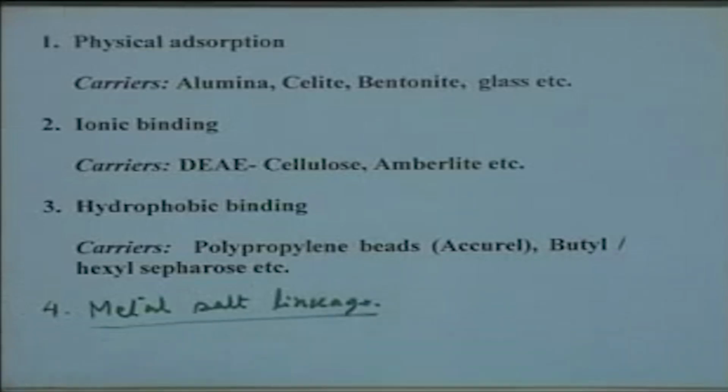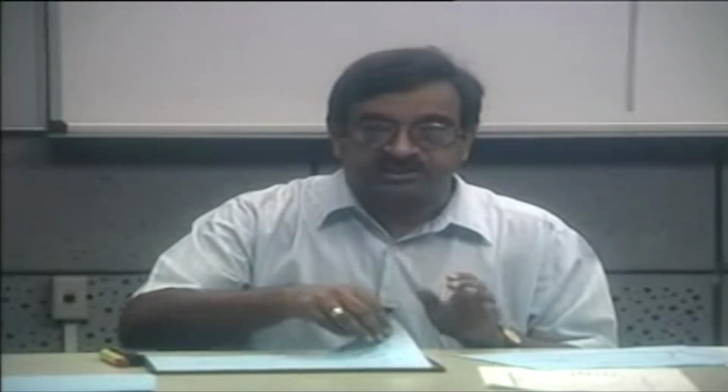What people have used in the literature is called metal salt linkage. Of course, it is not a covalent linkage, it is a physical interaction, and thereby the enzyme is held, but it has been a very successful method from the practical point of view. We will discuss that in detail.